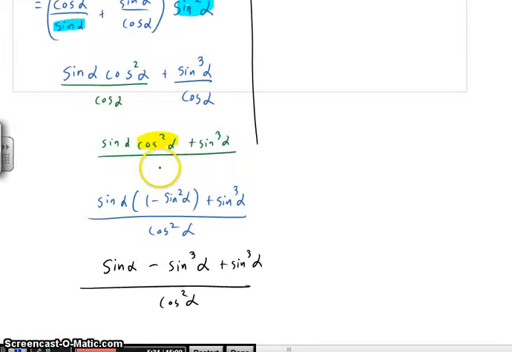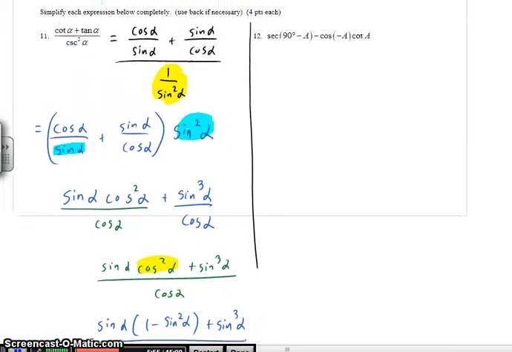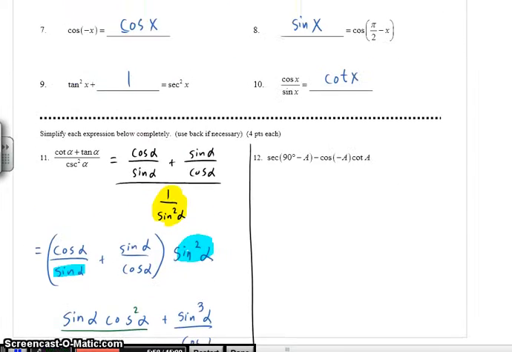That's going to help us because I'm going to end up with sine over cosine ultimately. So what you see is that this cancels. I'm left with sine over cosine, and that is equal to tangent of theta. There might be other ways to get there, but the simplified answer to number 11 is tangent of theta. Now we do number 12.